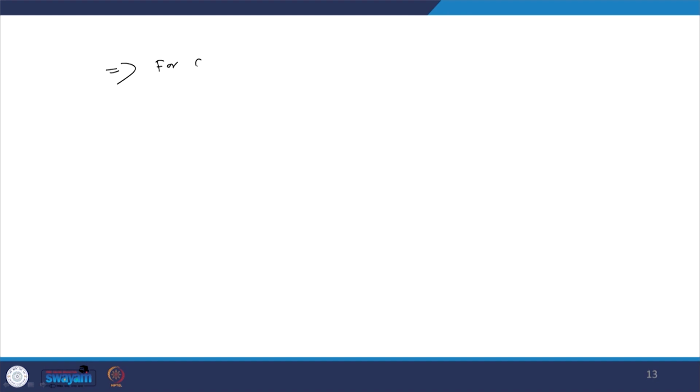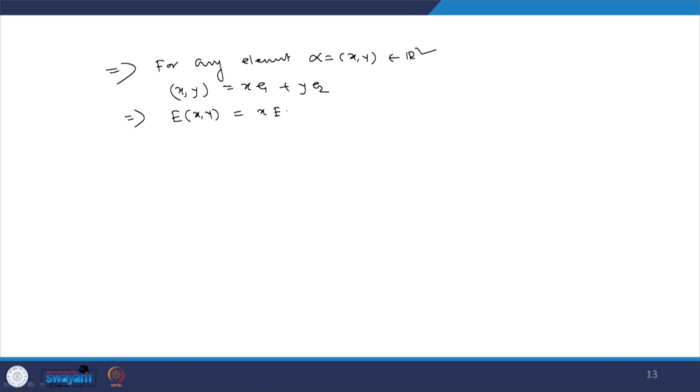So, this implies for any element alpha equal to (x, y) belongs to R2, (x, y) equals x into E1 plus y into E2. So, capital E of (x, y) will be x into E of E1 plus y into E of E2.